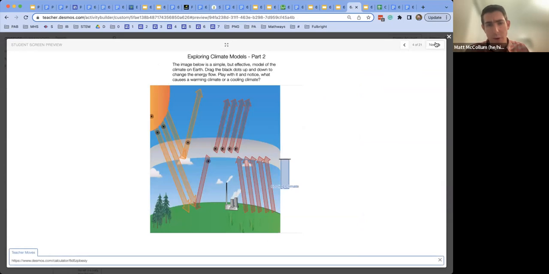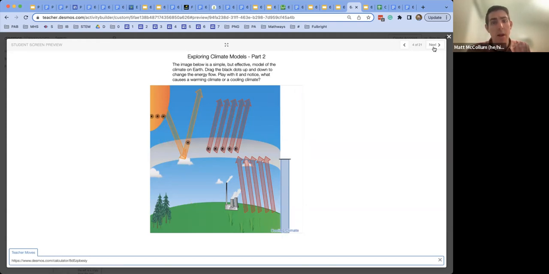Bradford was showing on this next slide how he was playing with some of those draggable arrows, and students can start to generalize and notice what causes a warming climate and what causes a cooling climate. They can look at that energy flow into and out of the Earth system to get that idea of cooling and warming climates.